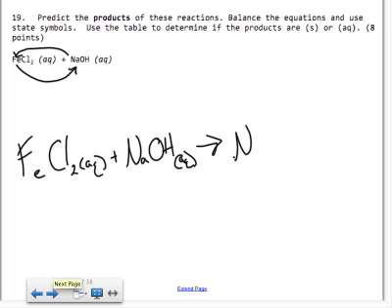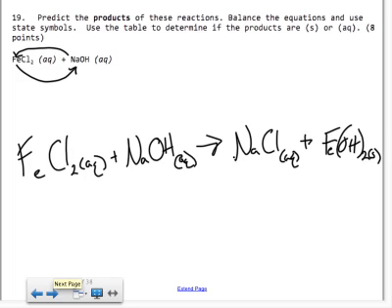So you're going to end up with sodium chloride, which is always going to be aqueous, and iron hydroxide, and you need to check the chart to find out if the iron hydroxide is soluble or not. And if you look on the chart, you'll find that hydroxide, when it combines with iron 2, and we know it's iron 2 because it's combined with 2 chlorides, it forms a solid precipitate.